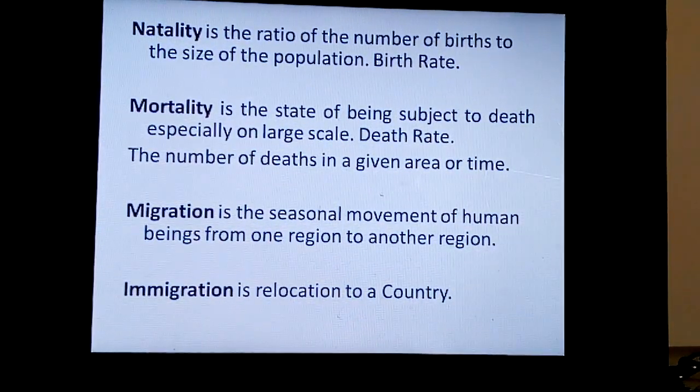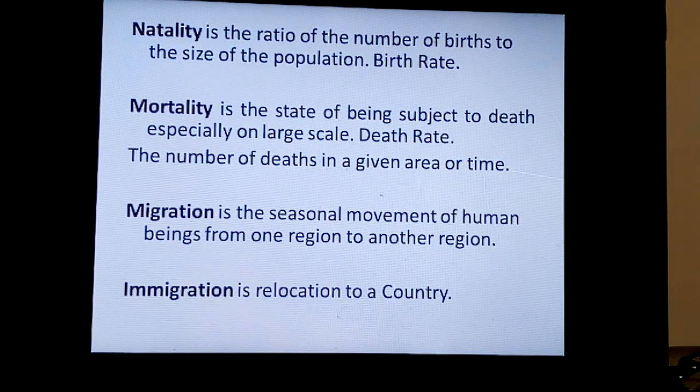Natality is the ratio of number of births to the size of population, that is birth rate. Mortality is the state of being subject to death, especially on a large scale. Now you are coming across a pandemic called corona, large scale mortality you see. Death rate, the number of deaths in a given area or time.